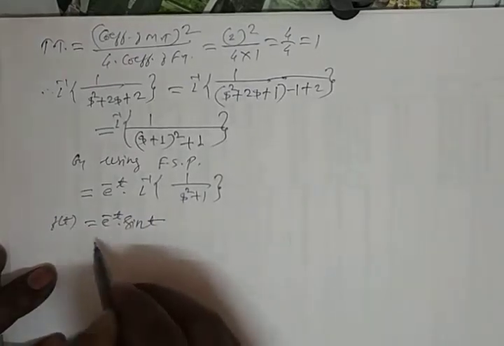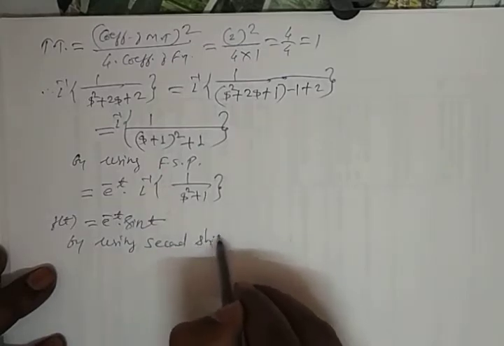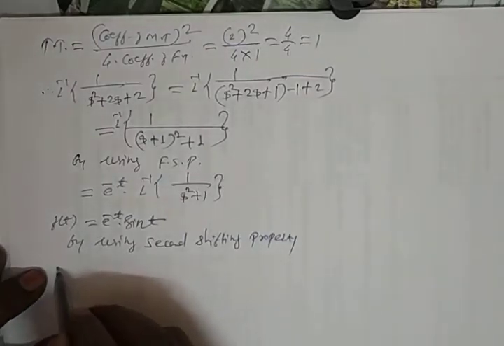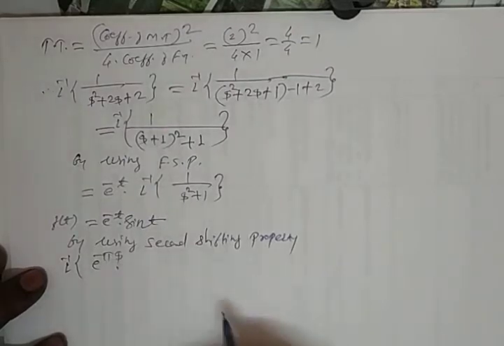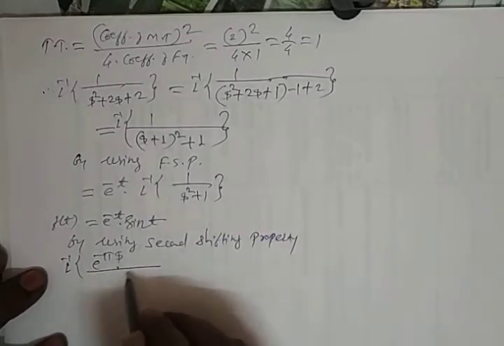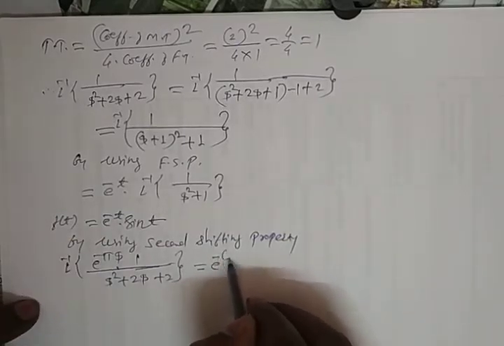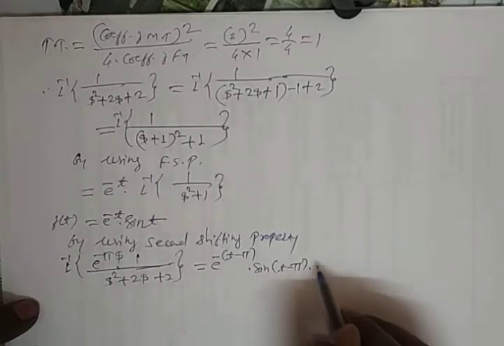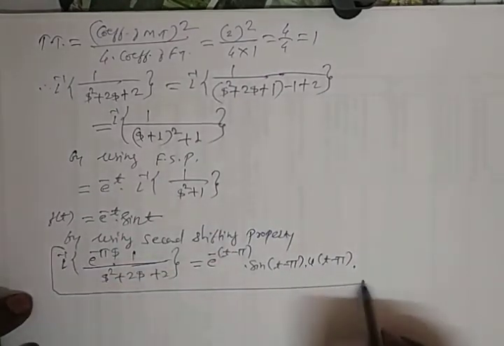Now by using second shifting property, this can be written as Laplace inverse of e raised to minus pi s into 1 upon s square plus 2s plus 2, that is equal to e raised to minus (t minus pi) into sin of (t minus pi) into u of (t minus pi). And this is the final answer.